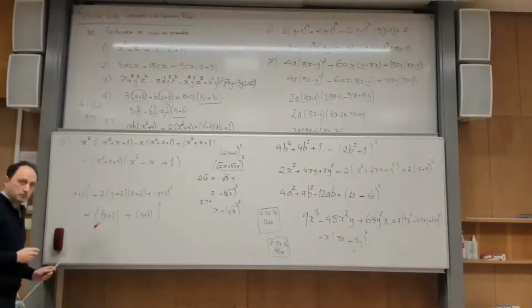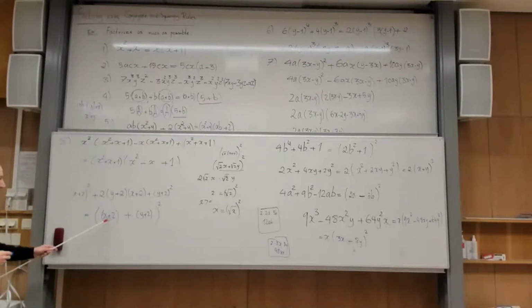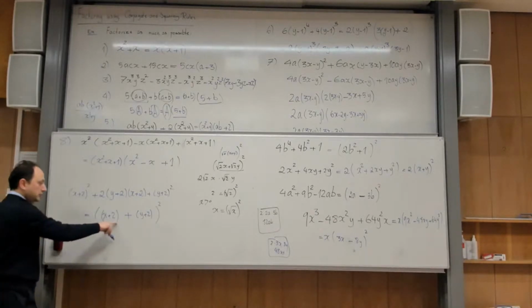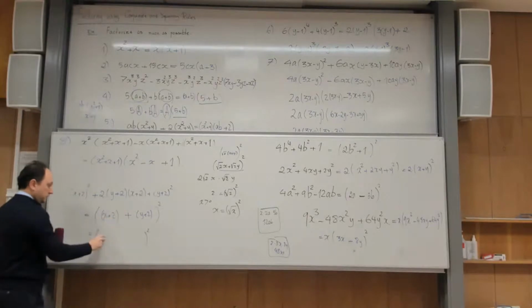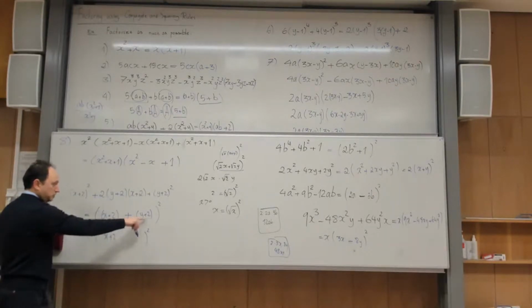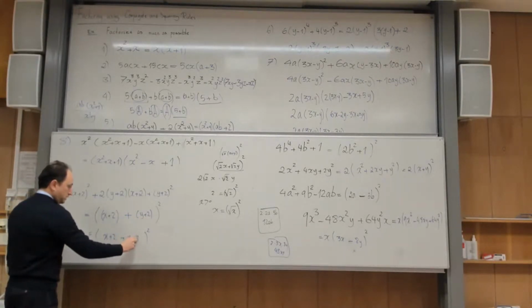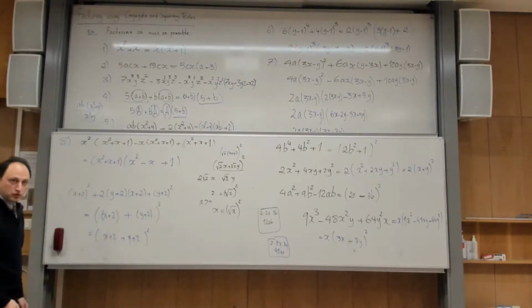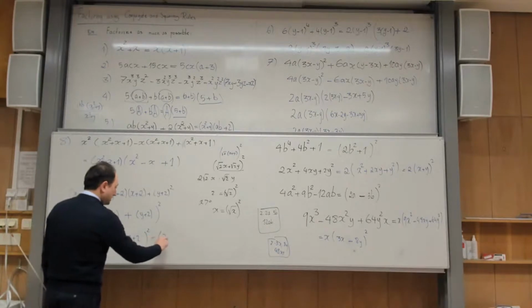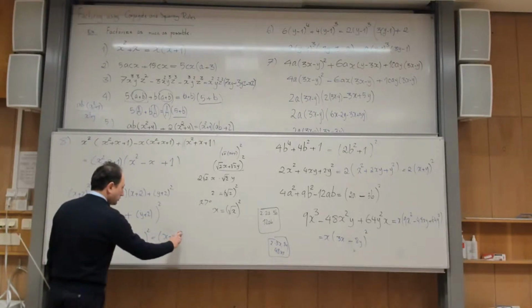This is correct, but I will not stop here because I have extra pairs of brackets unnecessarily there. So can I remove these? I can remove these, it becomes x plus 2. I can remove these, it becomes y plus 2. But no one writes 2 here, 2 there. 2 plus 2 is 4. So the answer is what? X plus y plus 4 to power 2.